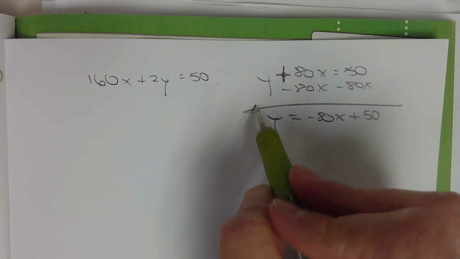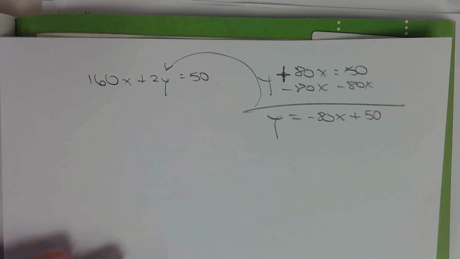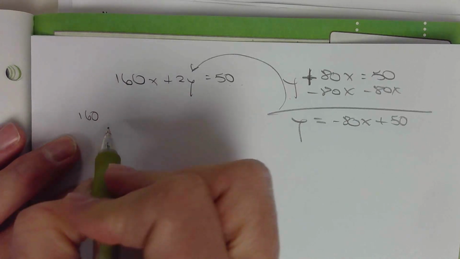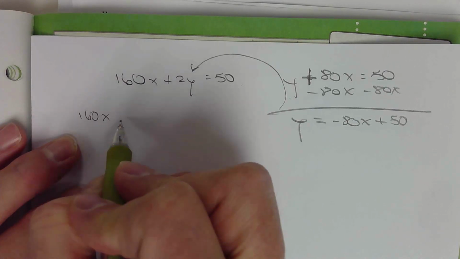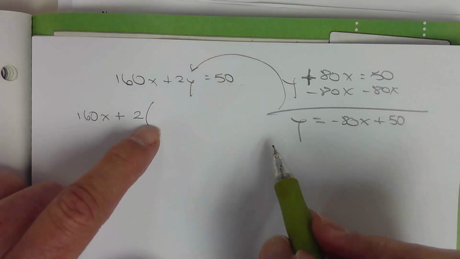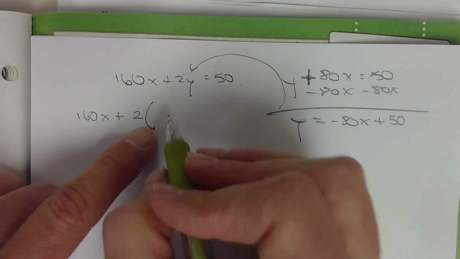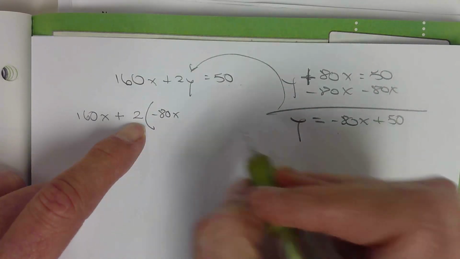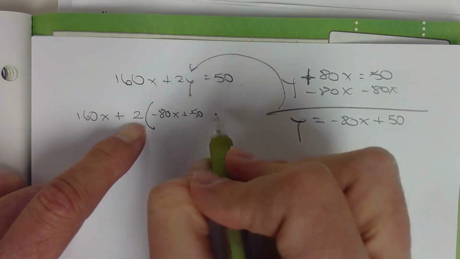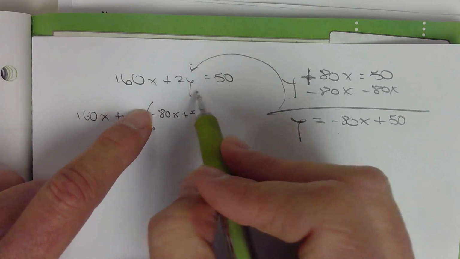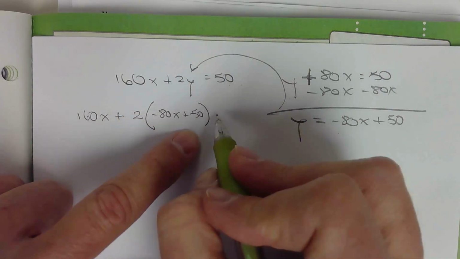Now what? I can just take it and plug it in. So I have 160x plus 2 times negative 80x plus 50 equals 50.